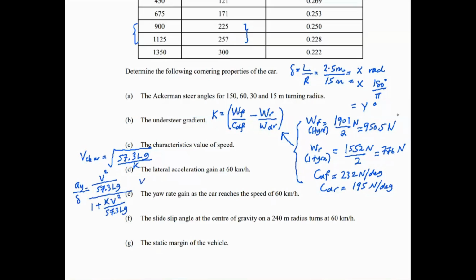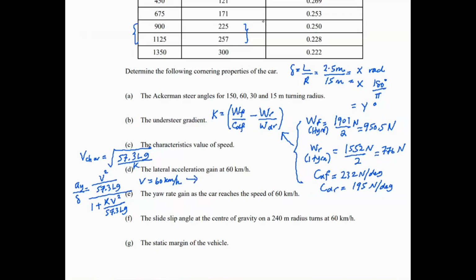V is given at 60 kilometer per hour, and the velocity you need to convert to meter per second first.